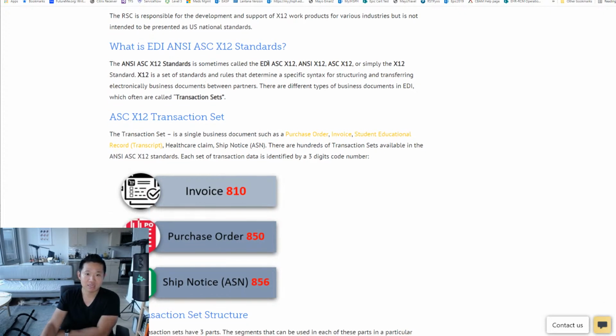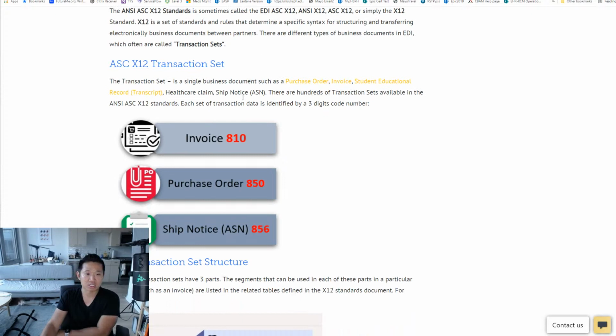What is EDI, ANSI, ASC, X12 standards? Sometimes called the EDI, ASC, X12, ANSI X12, ASC X12, or simply the X12 standard. X12 is a set of standards and rules that determine a specific syntax for structuring and transferring electronically business documents between partners. There are different types of business documents in EDI, which are often called transaction sets.